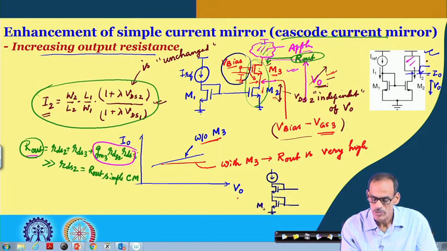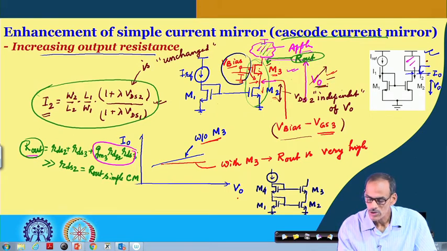This is M1, which is biasing M2 here, and then we do have M3 here. M3 is getting bias from this fourth transistor, which is also diode connected, and of course, on top of this one we do have the application circuit.